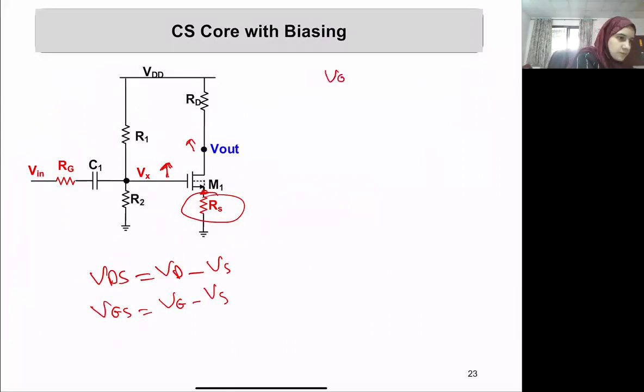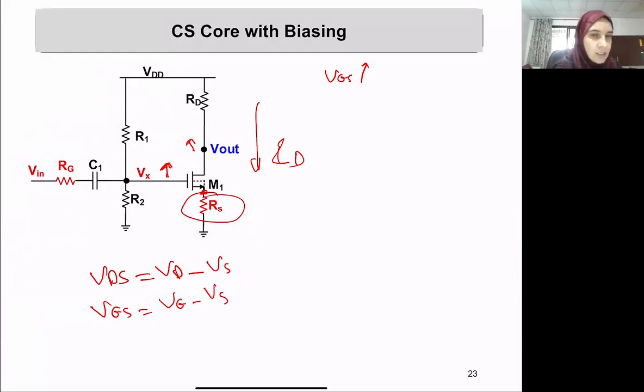I can just elaborate a little more. If you still don't get it, it's okay. So if VGS goes up, the current ID will go up, because ID depends on the VGS.